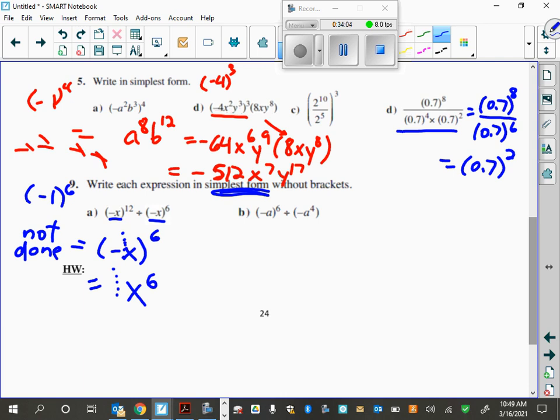This one is different. They have the exact same base, so you can subtract exponents. This one does not have the exact same base. The 4 is inside the brackets, which means the 4 does not apply to the negative. So don't put -a all squared here. They're a little different. Tricky to see it, but they're a little different.